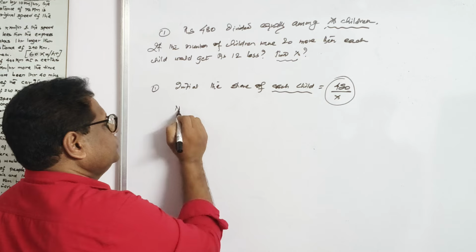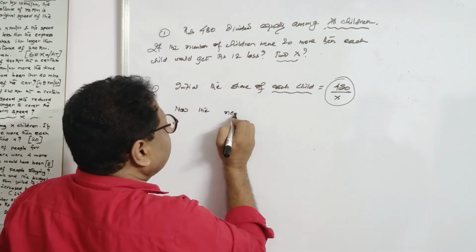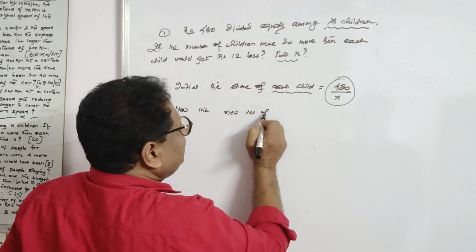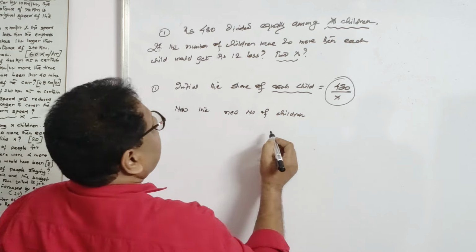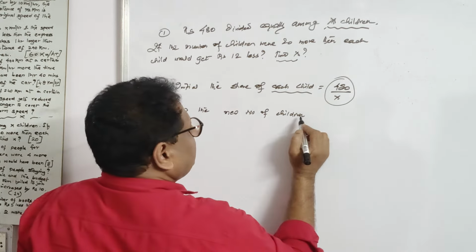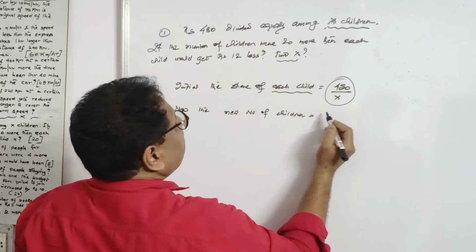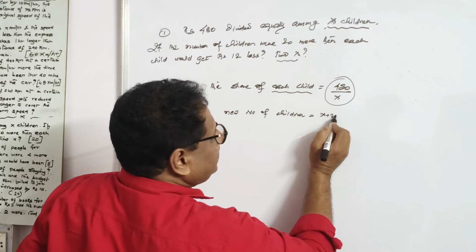Now the new number of children, when 20 more are there, increased. So, because x is the original number of children, the new number of children is now x plus 20.